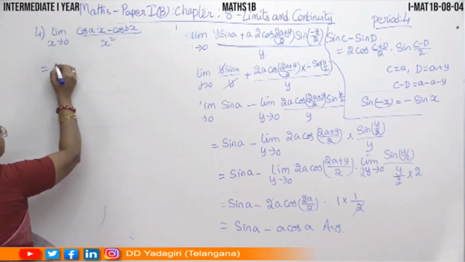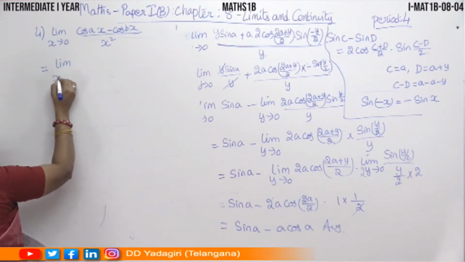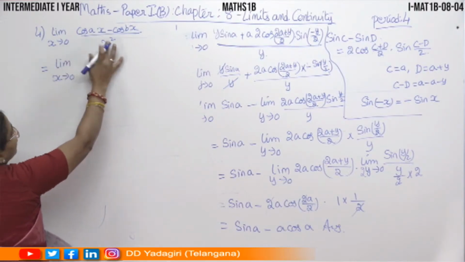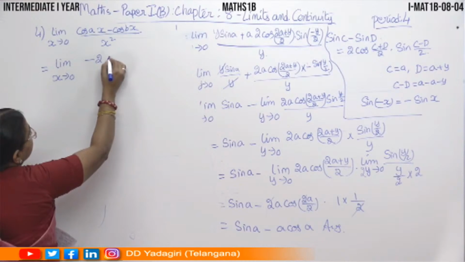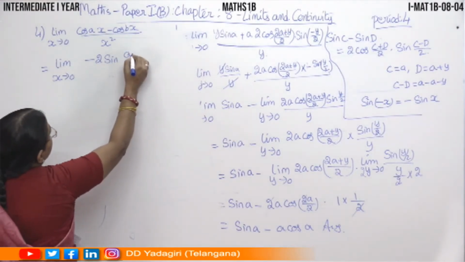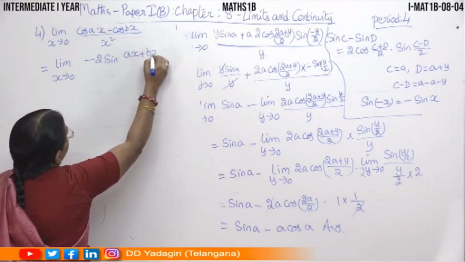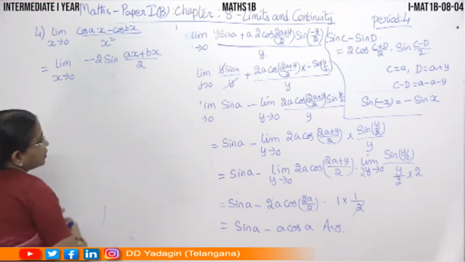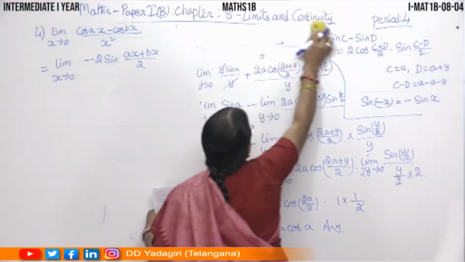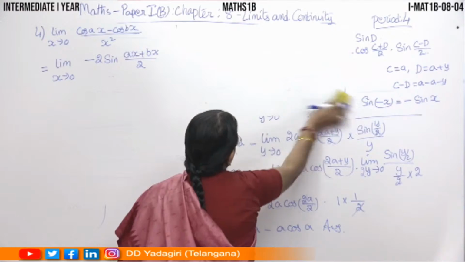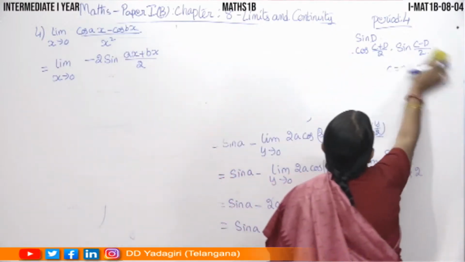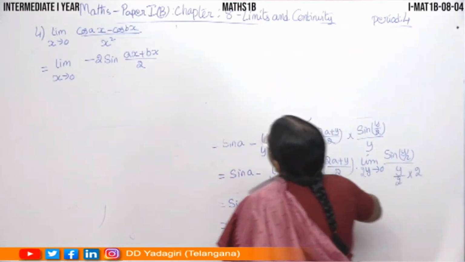cos C minus cos D. Limit x tending to 0 of, what is cos C minus cos D? You have the formula like this.